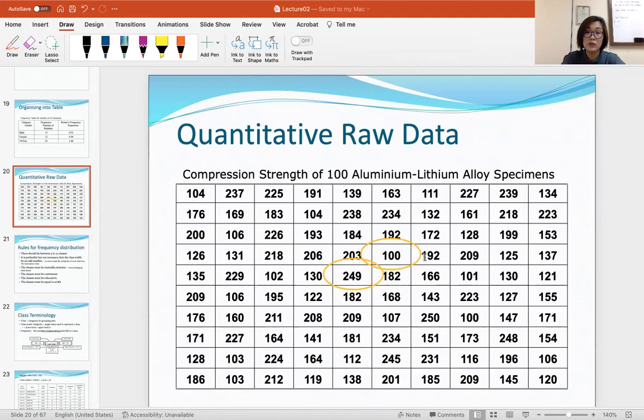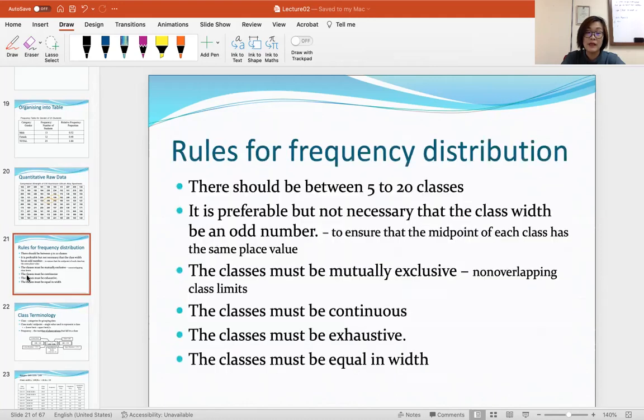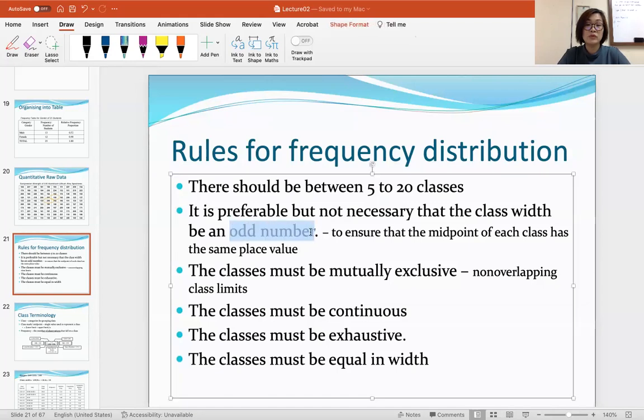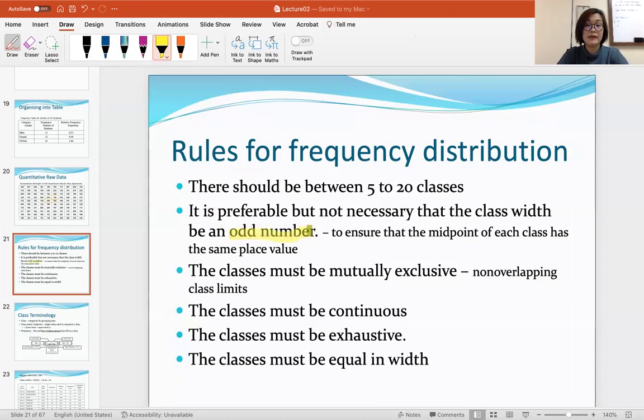First I choose the lowest and the highest, and then I have to follow the rules for the frequency distribution. There should be between 5 to 20 classes. It's preferable to have an odd number, which is easier for everyone. And the classes must be mutually exclusive, no overlapping.